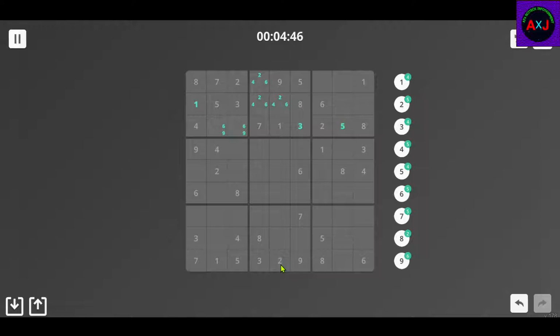For this column, 2 is already present, so remove 2 from the cell. In this row, 6 is already present, so 4 is the only choice for the cell. For this other cell as well, from the row, 2 is the only option, as 4 and 6 are already present in the other cells of the row. So the last cell will contain 6.